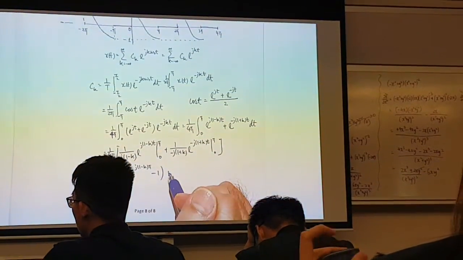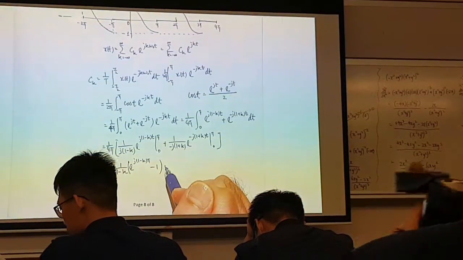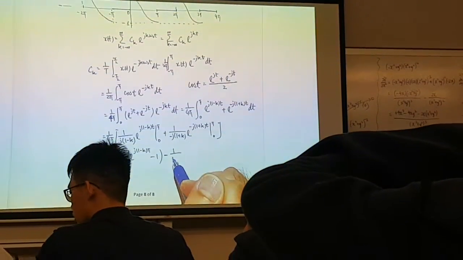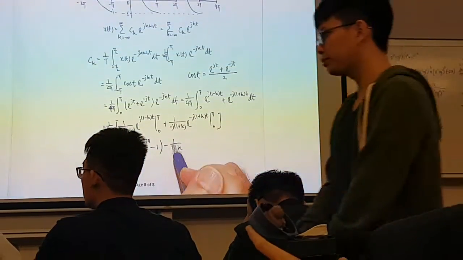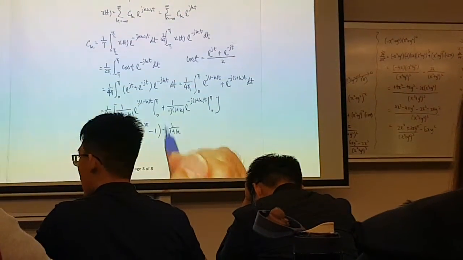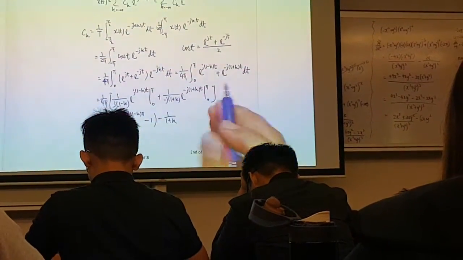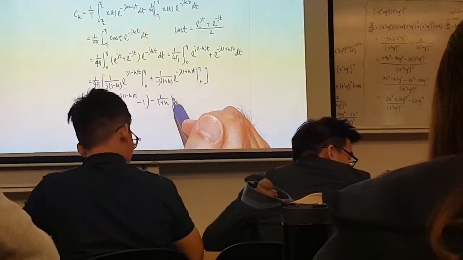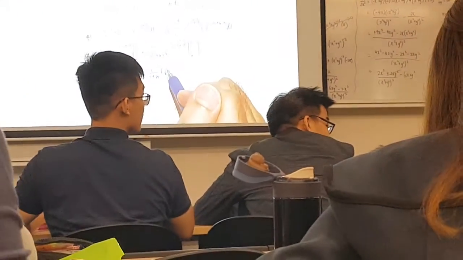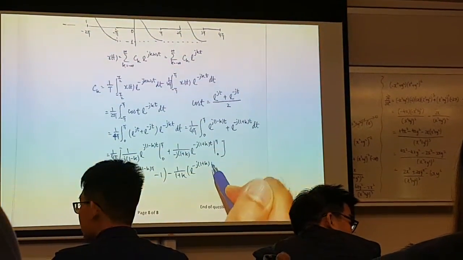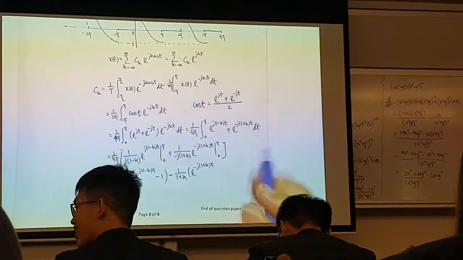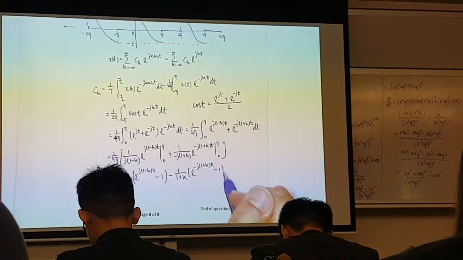That is the first part, and then you have minus 1 over 1 plus k, because I vectored out the j and took the negative sign out. So this will be basically e to the power of minus j(1 plus k) pi, and then minus 1.